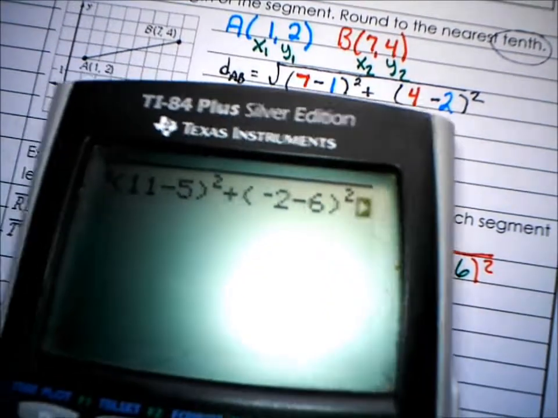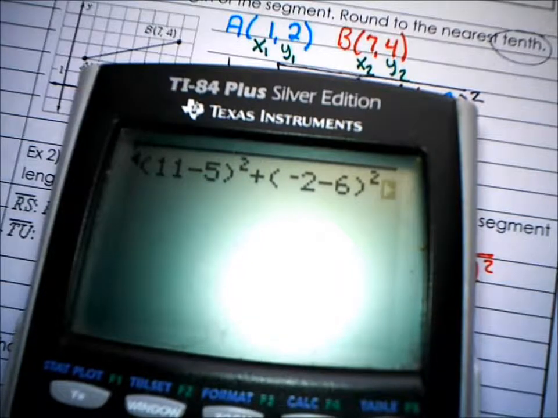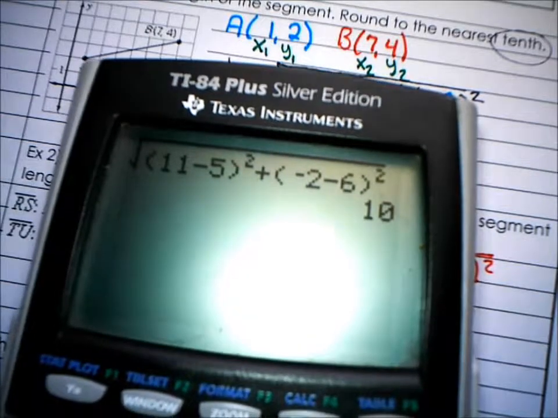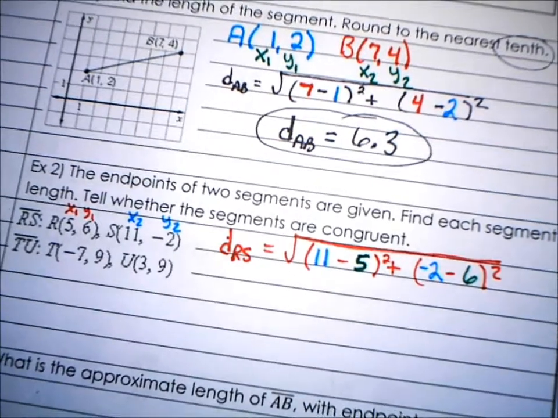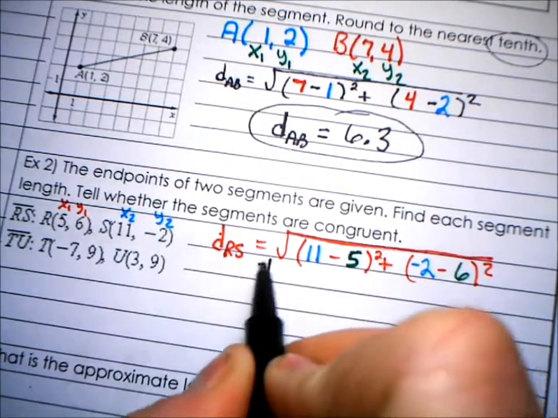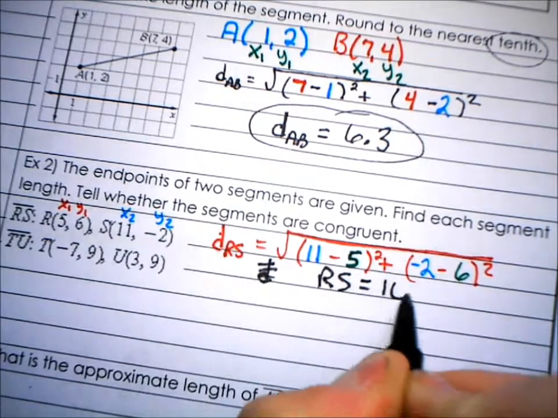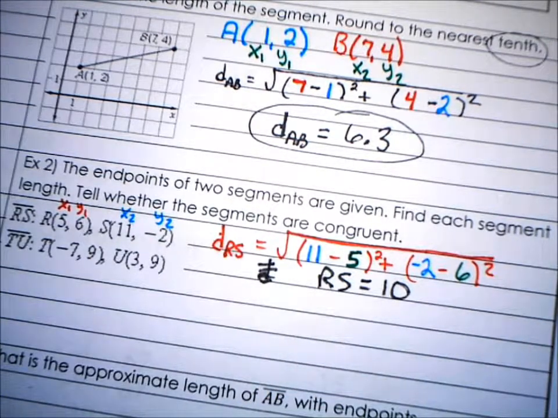Okay, so you should have that on your calculator. I push enter, I come out with exactly 10. So that means the distance, well, actually I'm just going to put RS equals 10. There's one answer.